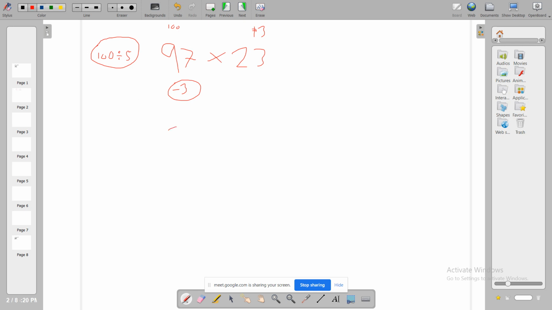So we have 3 over 5, and because here is negative, you maintain your negative sign.